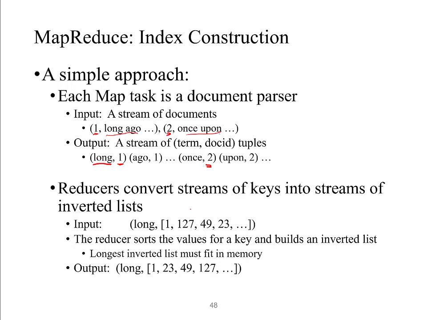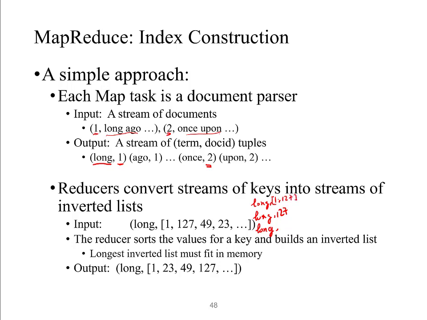So here, the input of the reducer, well, this is not very precise, but it is more like long with 1, 2, 7. They should be sorted.